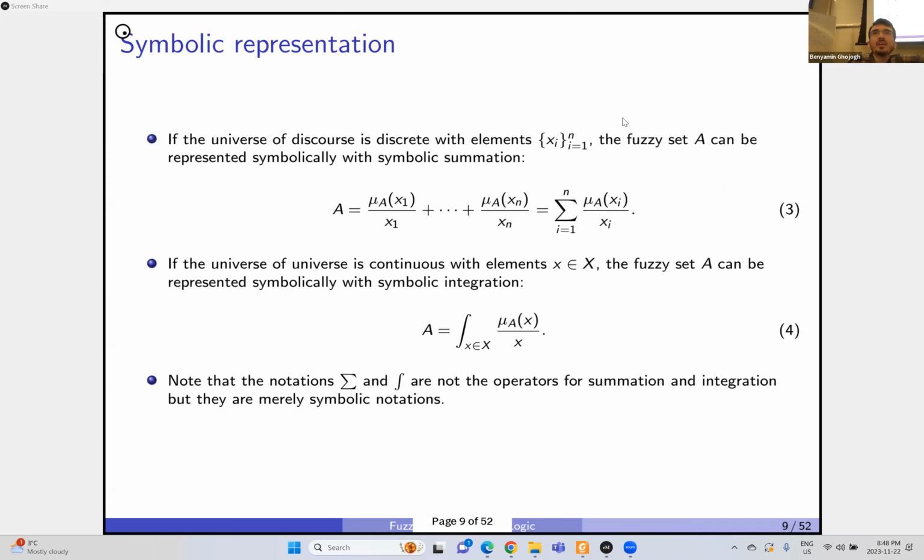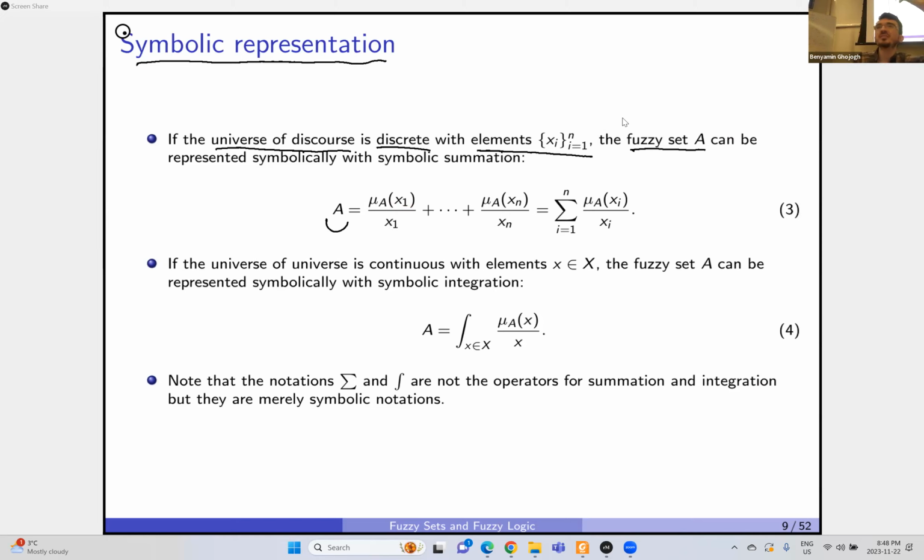We have another representation. We have a bunch of representations, notations in fuzzy logic. I'm telling you one by one. The other one is symbolic representation in this way. If the universe of discourse is discrete with elements x1 to xn, the fuzzy set A can also be denoted by this notation. So mu A(x1) over x1.